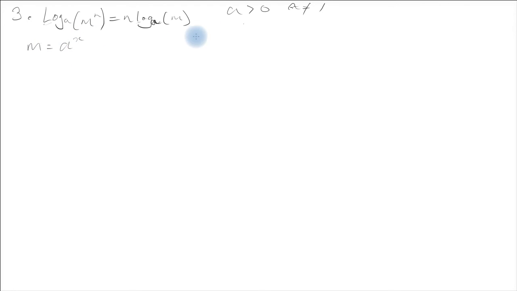This means that m must therefore be greater than 0 also, like we talked about before. But here this n is going to be a different n. I'm not going to define it in any way. I'm just going to say that n can be any real number. No restrictions on n.